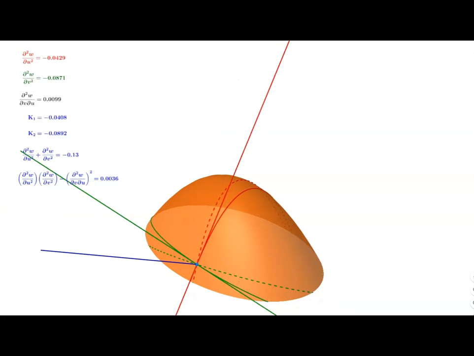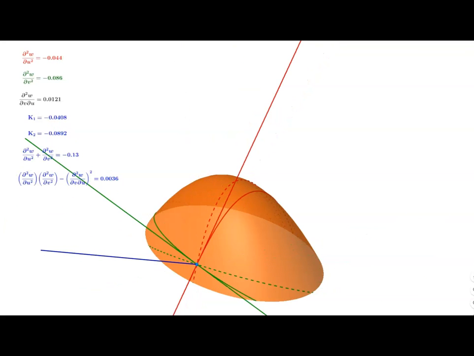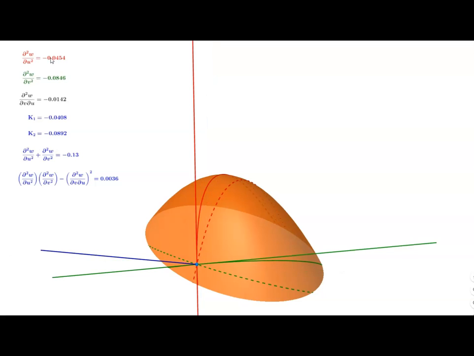When we rotate these axes, notice that the sum of those two values doesn't change. The two curvatures are changing as we move the arc around a little bit, but the sum of these two values is always going to equal this number, no matter what direction it's pointing.